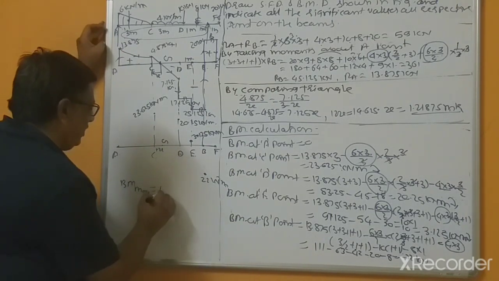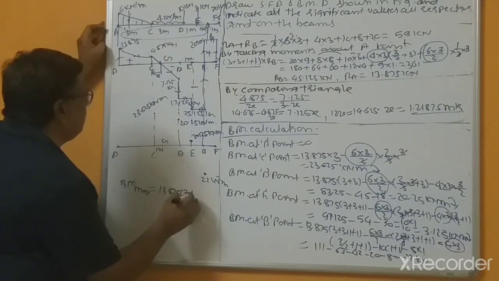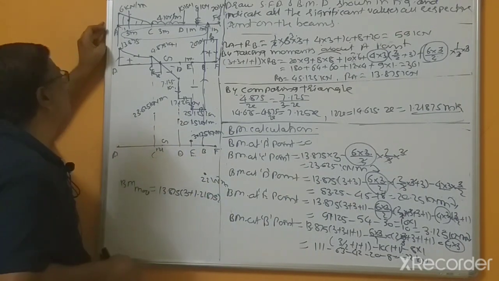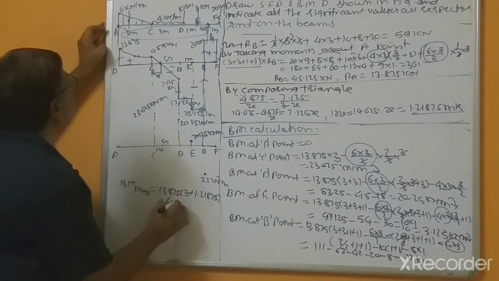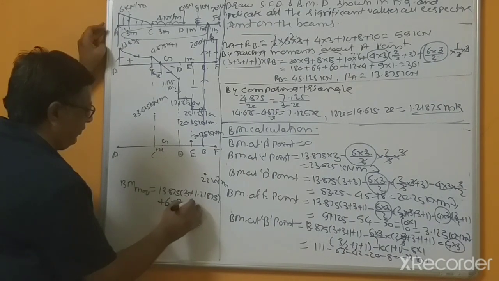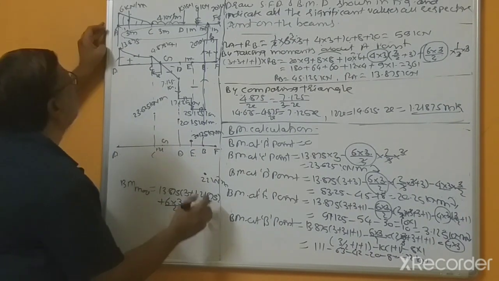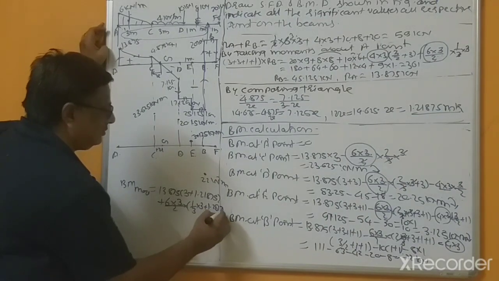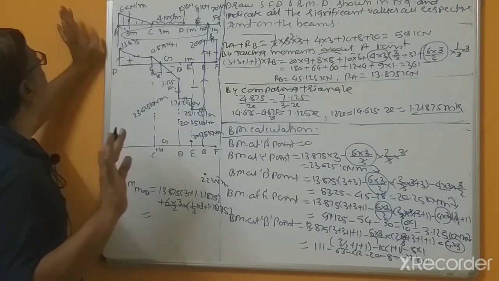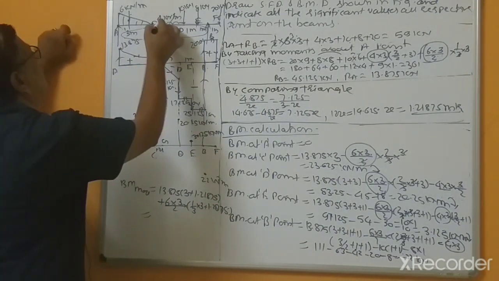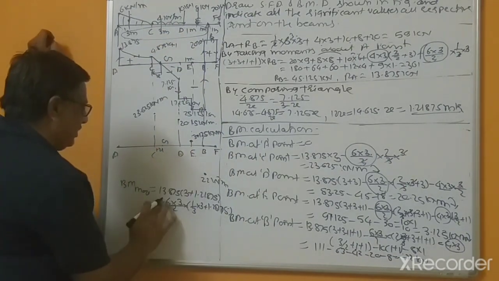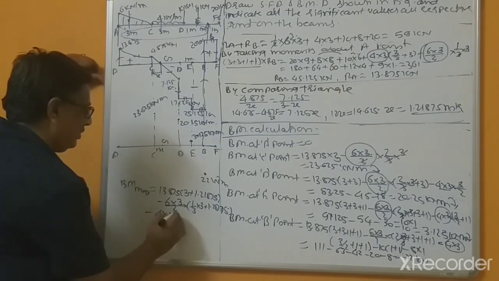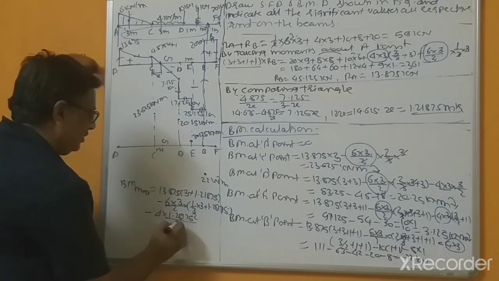maximum bending moment equal to 13.875 into 3 plus x, equal to how much? 1.21875, and this is 6 multiplied by 3, half of its distance, 1/3 of distance plus that x distance 1.21875 only, and this force also you have to consider, plus, no sorry, this is minus, again minus 4 multiplied by 1.21875 square divided by 2.